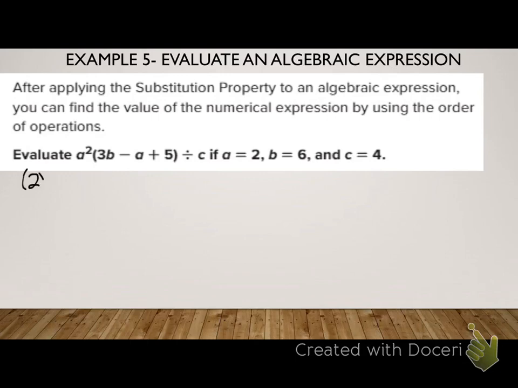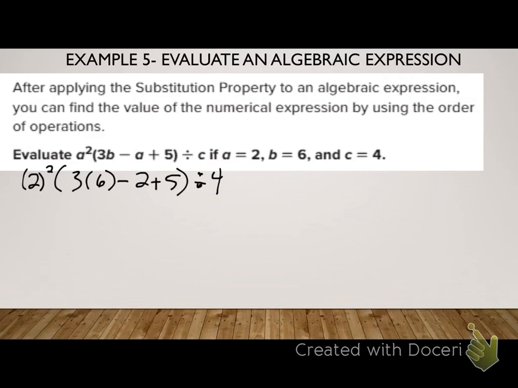So we've got 2 squared times (3 times 6 minus 2 plus 5) divided by 4. Is there any confusion how I've replaced my variables with the numbers that they equal? Any confusion there?